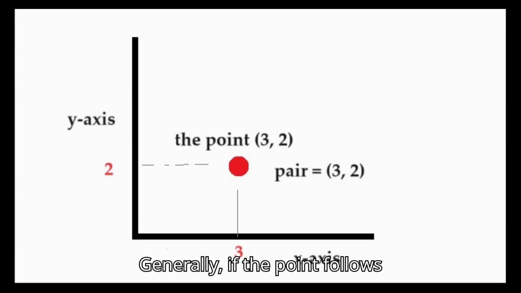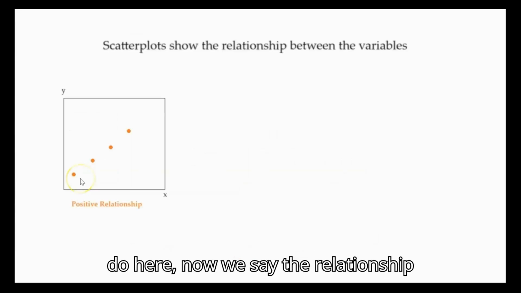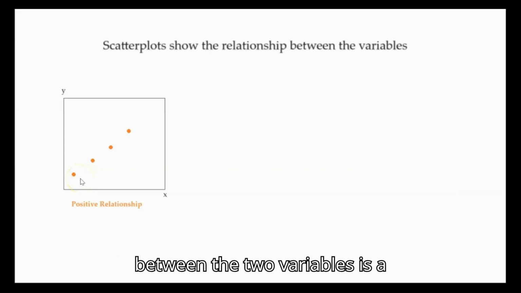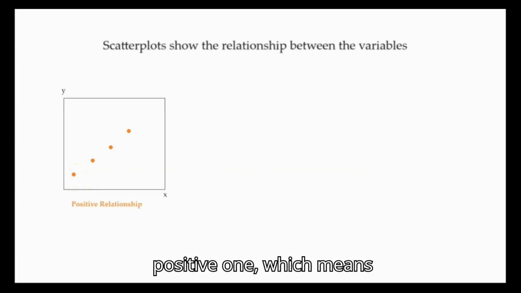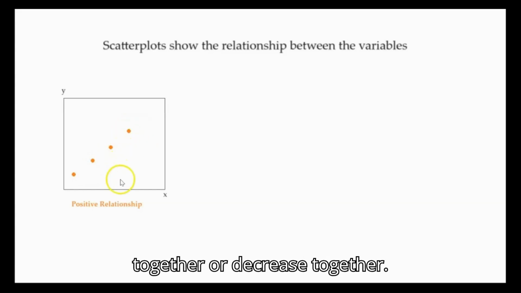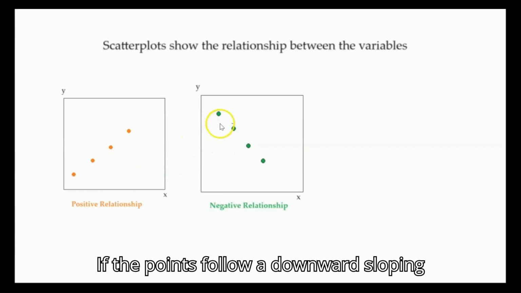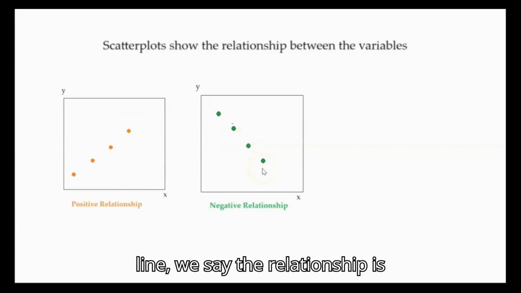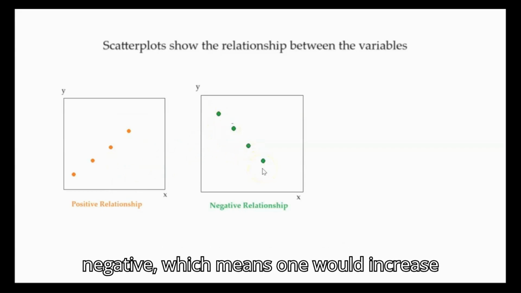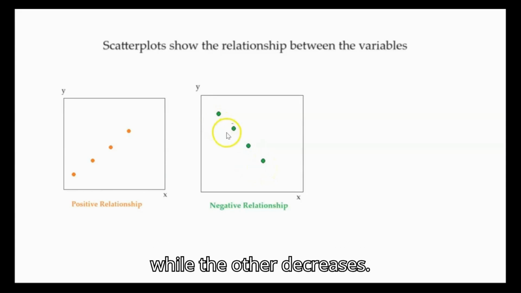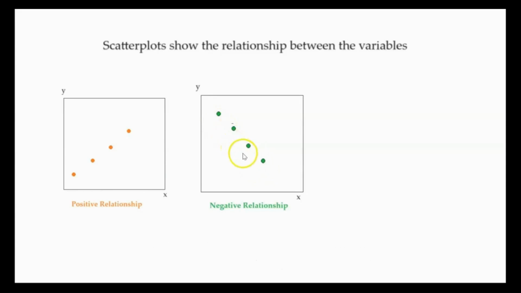Now, generally, if the points follow an upward sloping line, like they do here, we say the relationship between the two variables is a positive one, which means that both X and Y will increase together or decrease together. If the points follow a downward sloping line, we say the relationship is negative, which means one will increase while the other decreases.